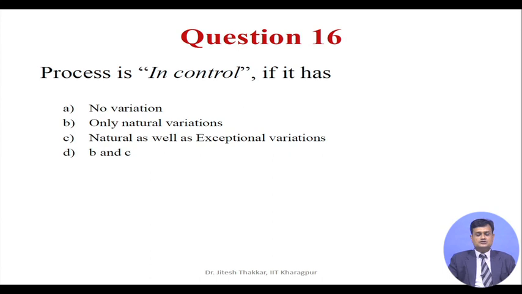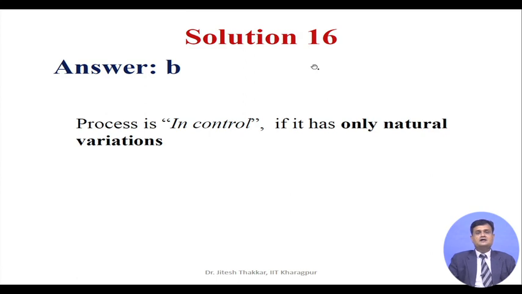Process is in control if it has A. no variation, B. only natural variations, C. natural as well as exceptional variations, and D. B and C both. The correct answer is B. Process is in control if it has only natural variations.